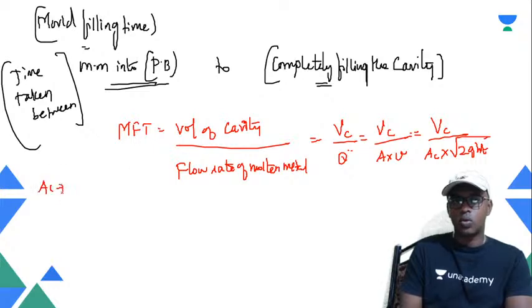See, AC is nothing but the choke area. We know what the choke area is: the minimum cross-sectional area of the gating system.